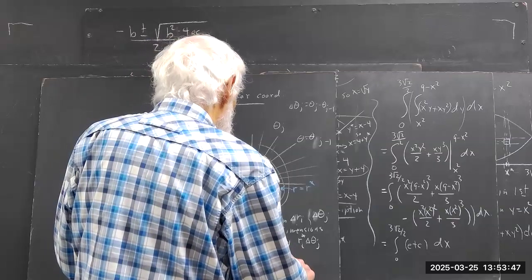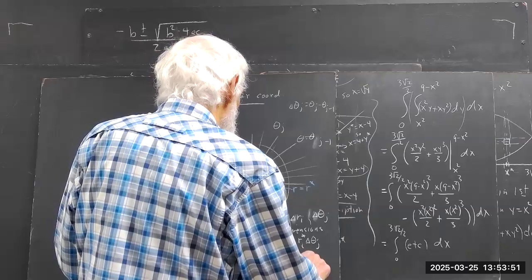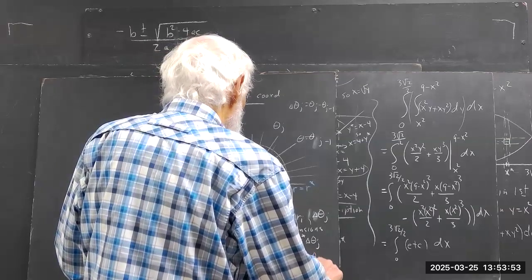So I'm going to write it this way: R sub i star delta R sub i delta theta sub j.